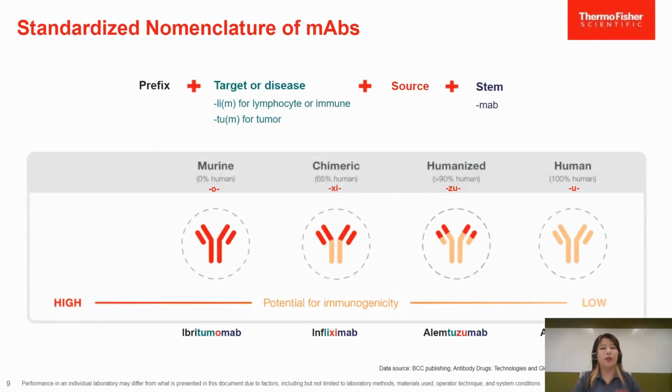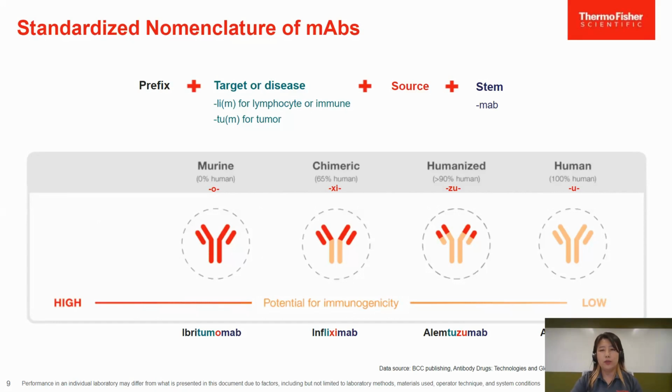And I'm going to also show how the mAbs are named, because personally, I thought the mAb naming is quite tricky, but there is actually a standardized nomenclature. So it starts with a prefix, usually provided by the manufacturer, followed by the target or disease. So for example, Li or Lim for lymphocyte or immune, Tu or Tum for tumor.